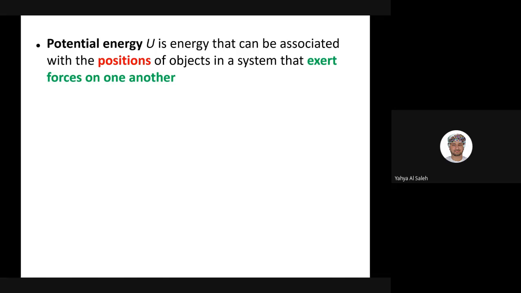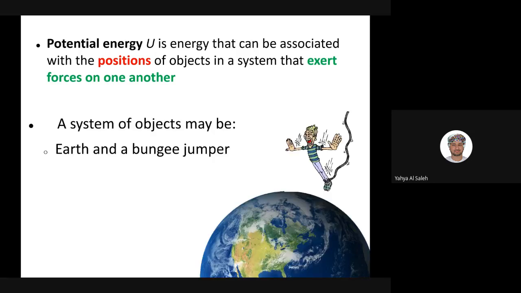Potential energy: this is the energy associated with the position of an object in a system that exert forces on one another. So a system of objects might be Earth and a bungee jumper. You have an energy just because of your position. Or for example, a spring: just because the spring is stretched, it's elongated, it has energy stored.